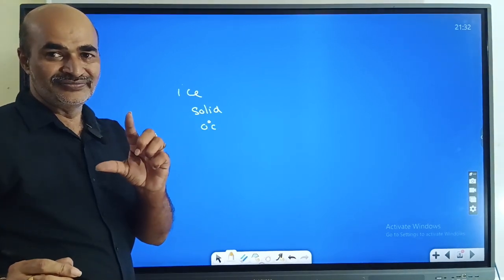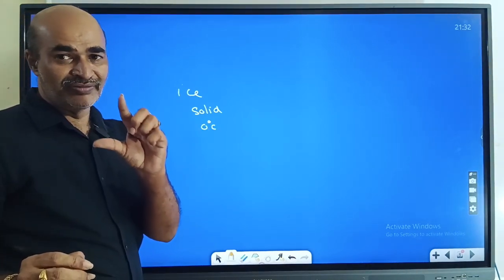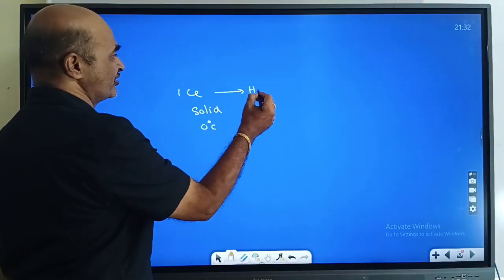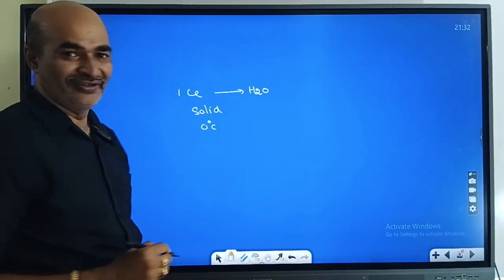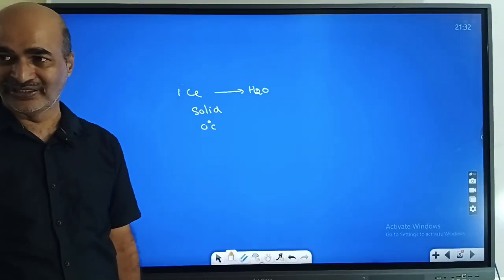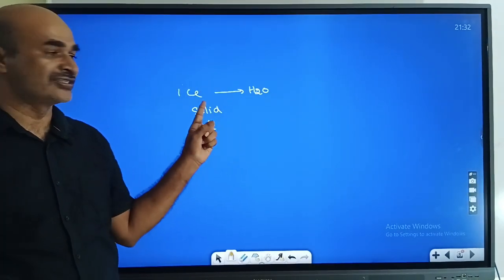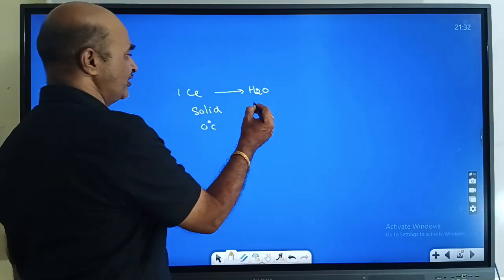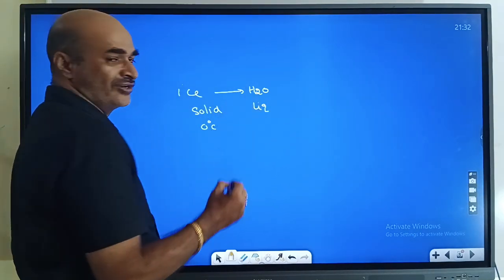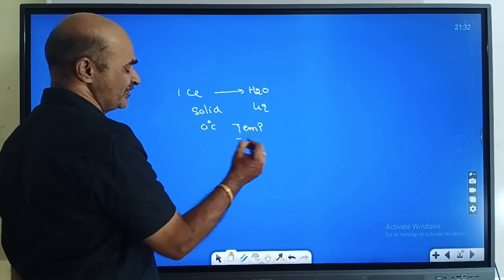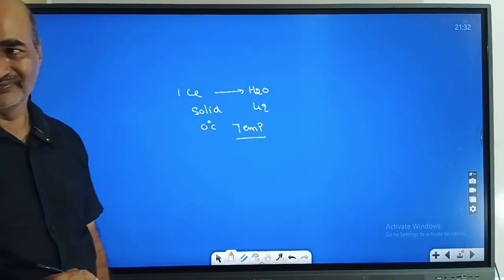When some amount of heat energy is supplied to the ice, the ice melts and is converted into H2O liquid. In this process, the temperature is constant.